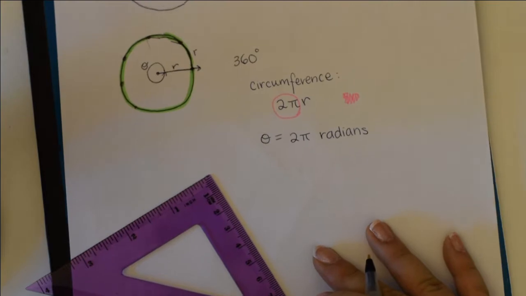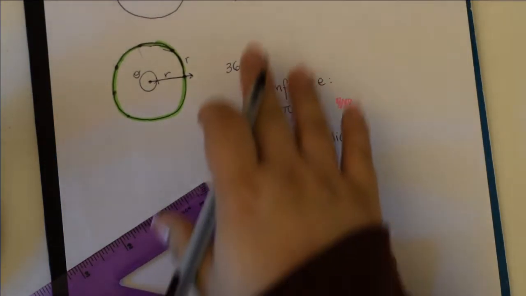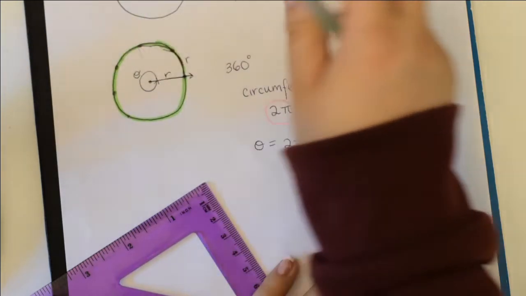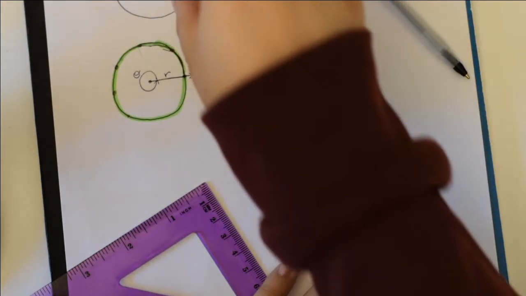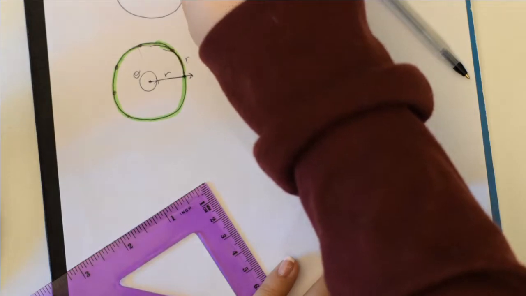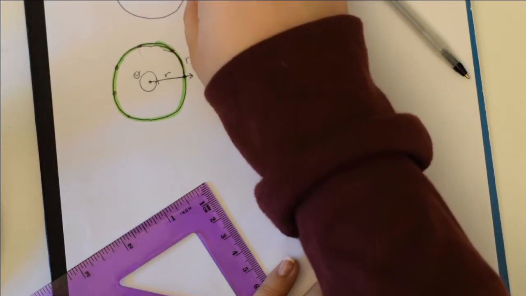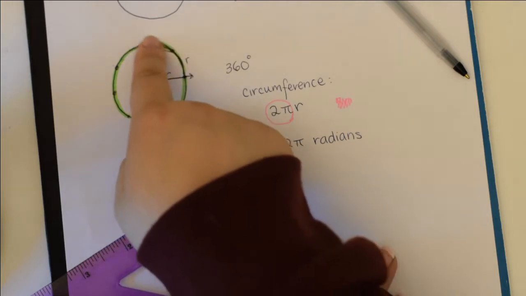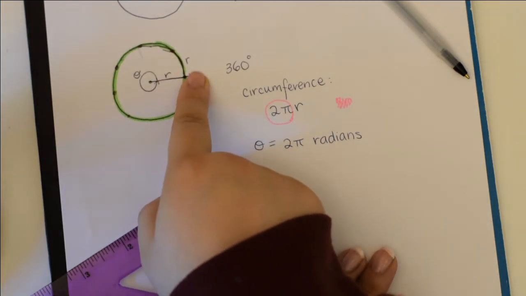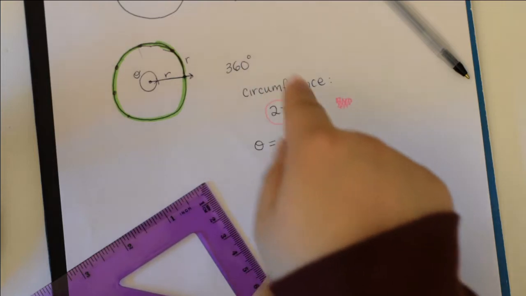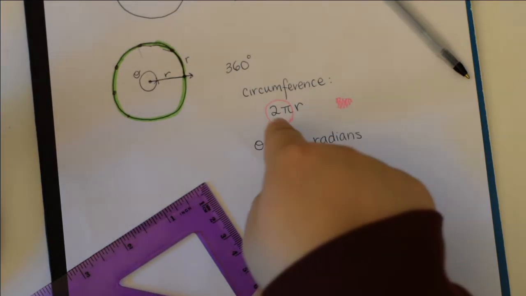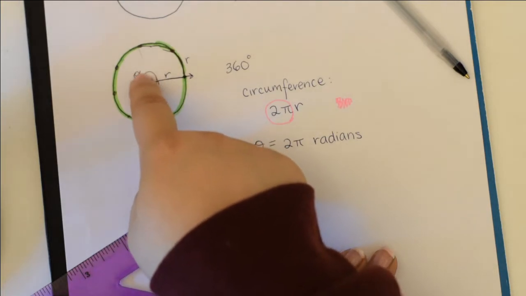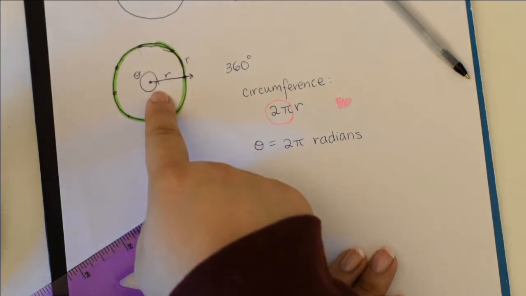Isn't that so cool? So that's the convenience of having 1 radian, because 1 radian is the angle that gets created with 1 r, and we just found out that to go around the whole circle we have 2 pi r's, and therefore it creates 2 pi radians.